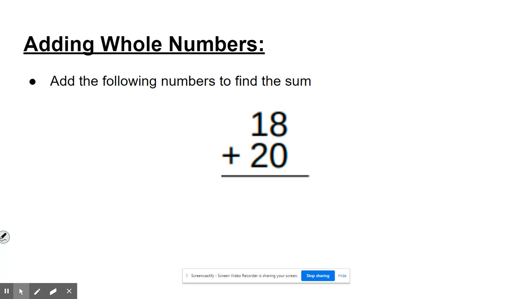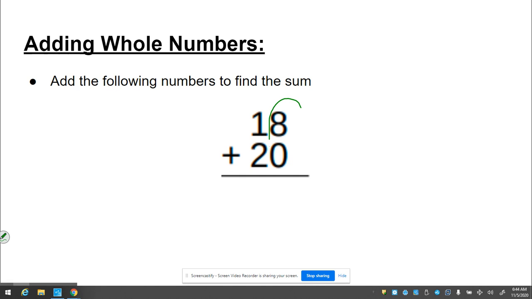So if we think back to adding whole numbers, there's a few steps that we have to follow. So when we add, the first thing we add is our ones column. So I see in our ones column is 8 plus 0. I have 8 of something and I'm adding 0 more, so I still have 8. And notice how I lined up the place values.